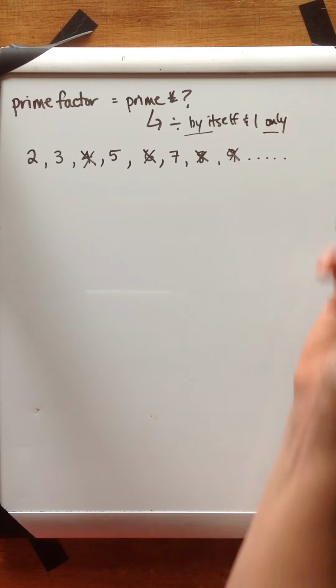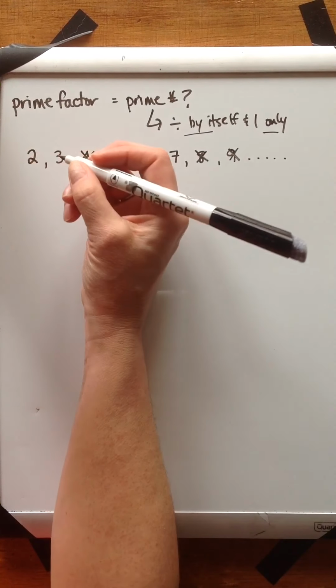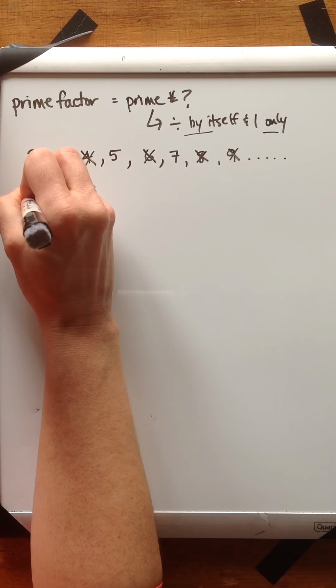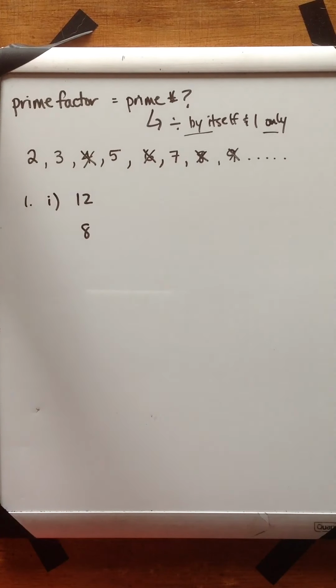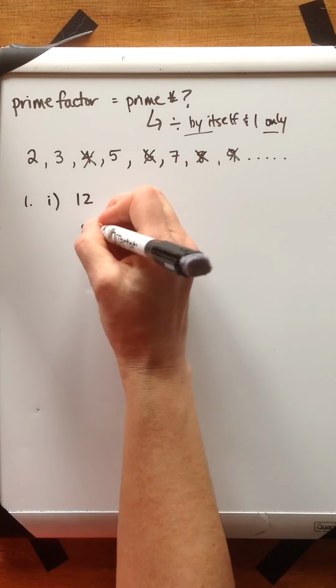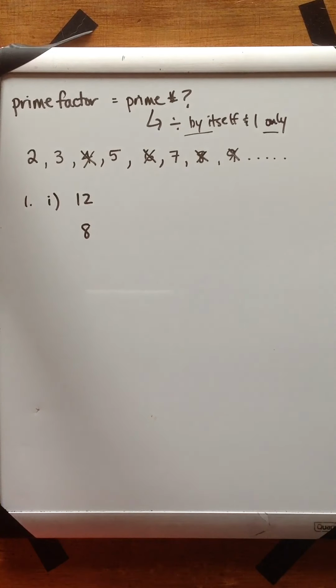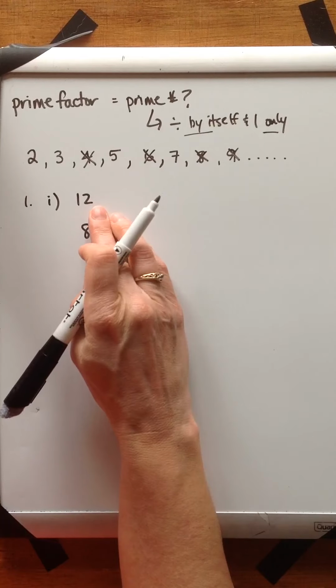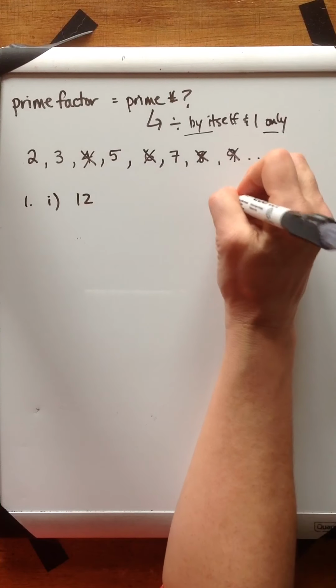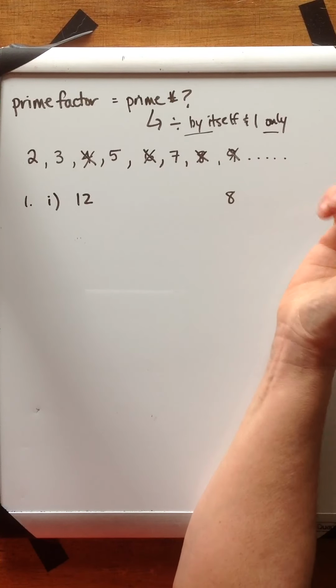So let's find something called the greatest common factor for a set of numbers. Let's look at 12 and 8. Now, there's a couple of ways that we can show how 12 can be broken down into its prime factors and how 8 can be broken down into its prime factors. I'm going to do it using something called a factor tree.